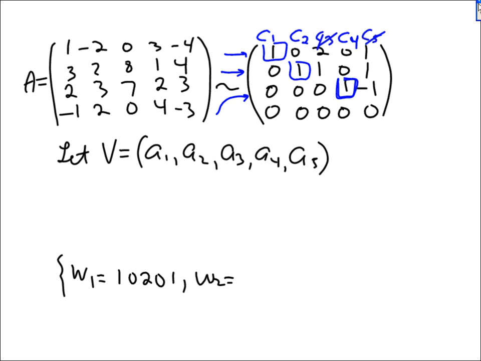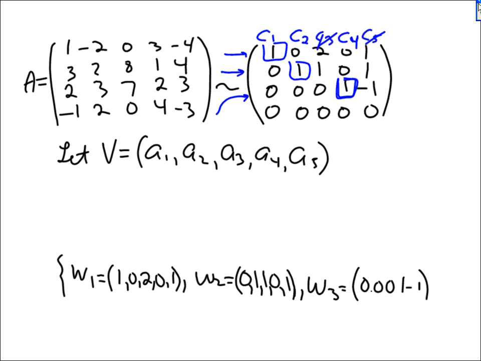Call the second vector W2. And the third vector was 0, 0, 0, 1, negative 1. Okay. That's the basis.